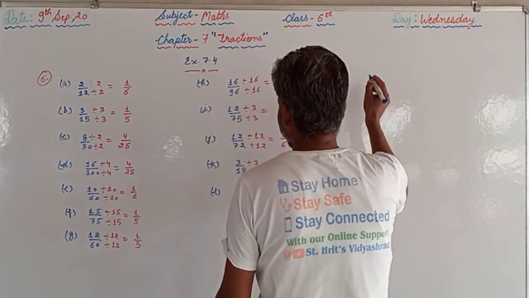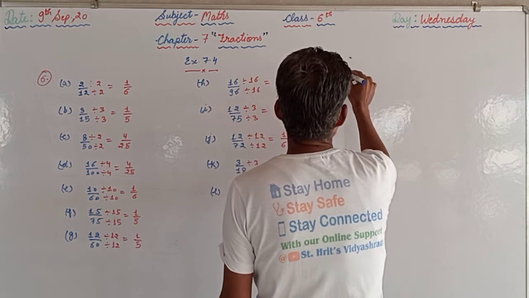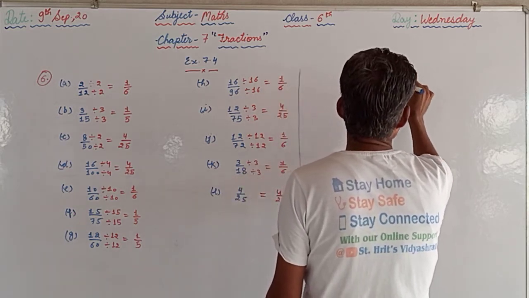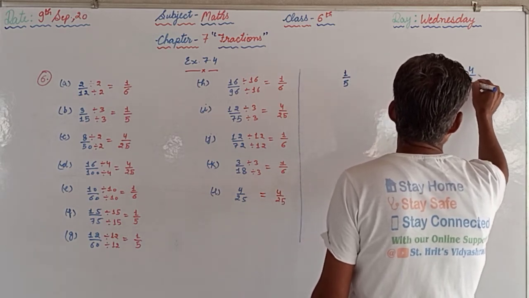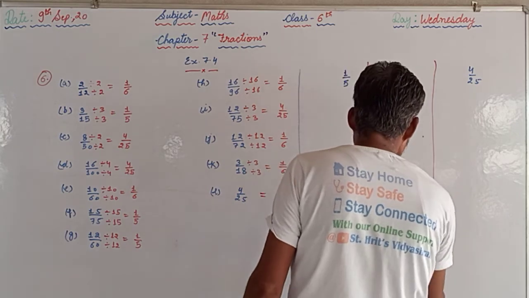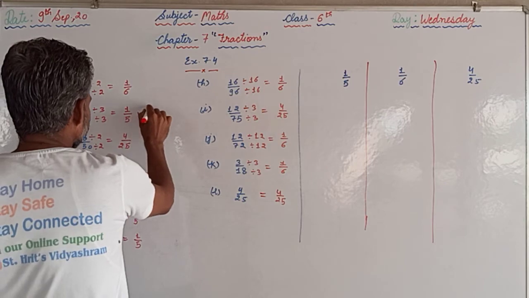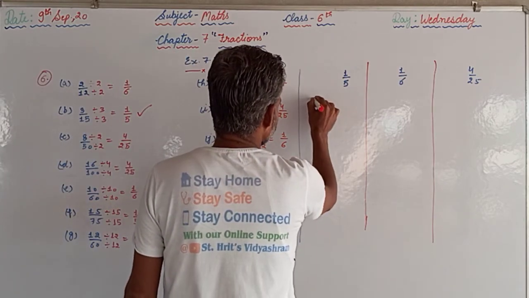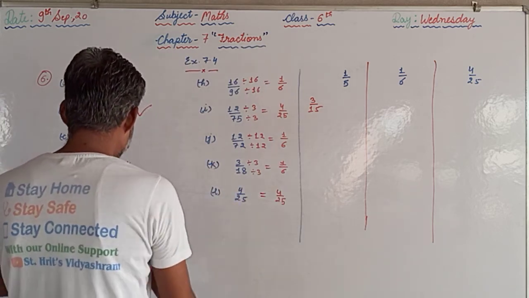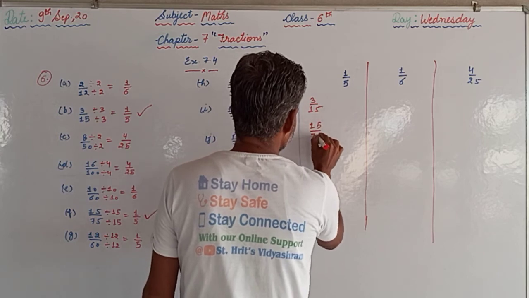So we will prepare the 3 columns: 1 upon 5, 1 upon 6 and 4 upon 25, and we will write the fractions which are equivalent to these fractions. 1 upon 5 is this, means 3 upon 15. Then 1 upon 5, here again 15 upon 75.